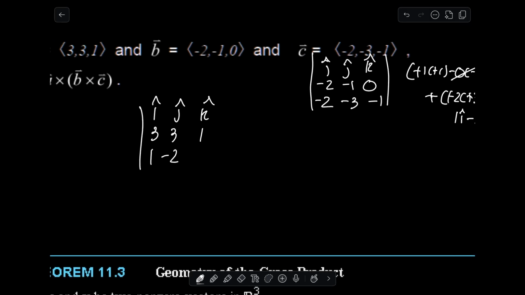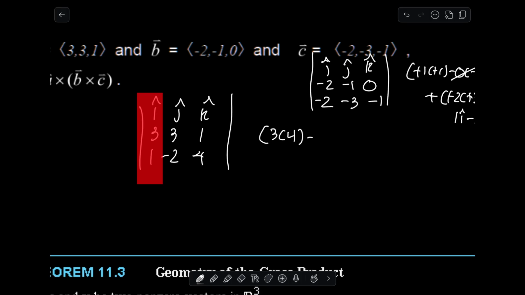So A is going to be first: 1, -2, 4. And this is the same process, so just place your thumb over the I hat. It's going to be 3 times 4 minus -2 times -2 times 1 I hat. It's going to be 12 minus 12 plus 2, so it's going to be 14 I hat.